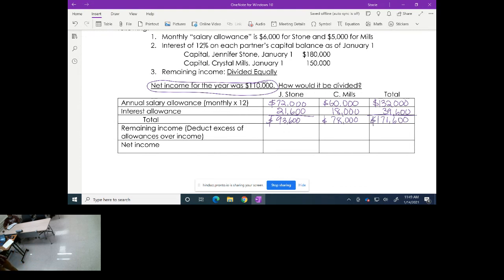But our net income's 110. When they made the partnership agreement, they came up with this method of doing it based on what they think their net income is going to be every year. Well, maybe they had a bad year. They still have to use the same allocation, but their net income is lower than they anticipated.